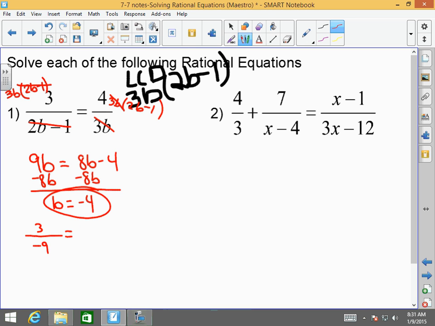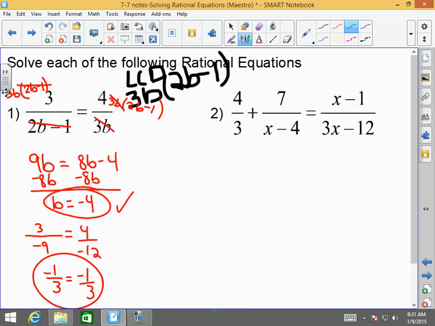Does that equal 4 over 3 times negative 4, which is negative 12? If I reduce, this is negative 1/3, which equals negative 1/3. So yes, that is the solution. Does that make sense? Okay. Number 2.